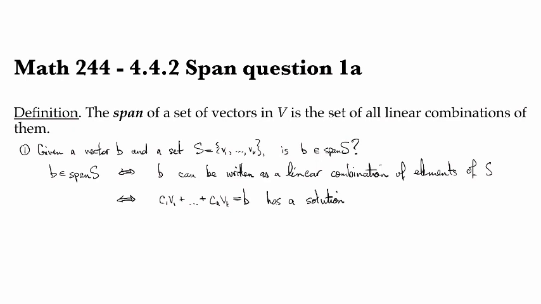So being able to solve this equation means being able to write B as a linear combination of the Vi's. So that's what we need to do.